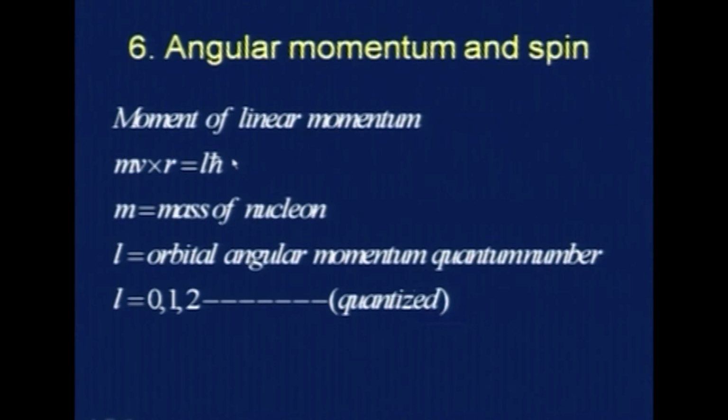So, that is equal to l h-bar. Here again, h is Planck's constant. Planck found out that at the microscopic level, in the atomic and nuclear level, angular momentum is quantized. Suppose I take a top.